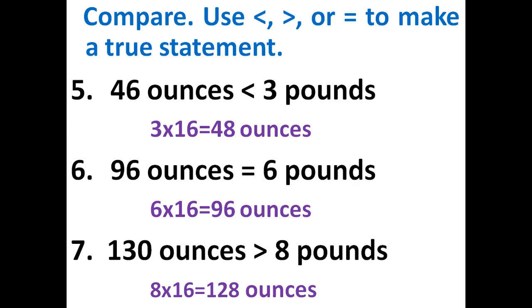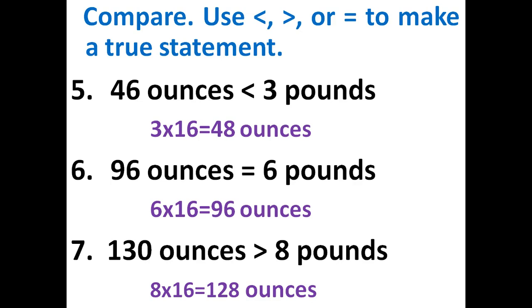So in this question 3 pounds, 3 multiplied by 16 is 48 ounces. 3 pounds is equal to 48 ounces, and other side is 46 ounces. 48 is the greater number, so 3 pounds is greater than 46 ounces in question number 5.